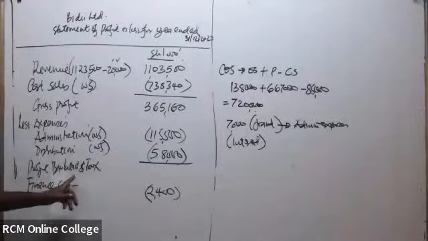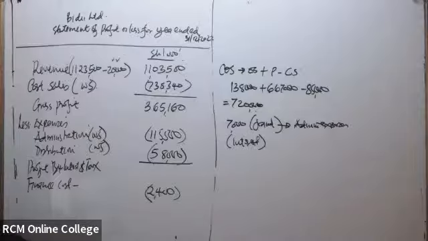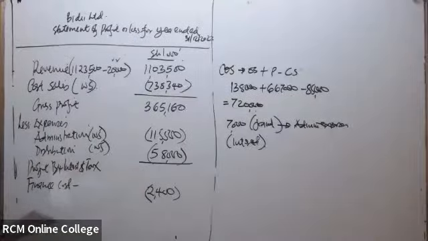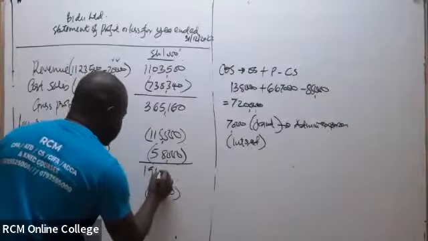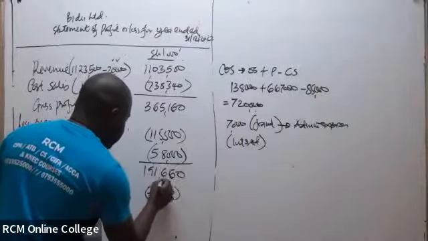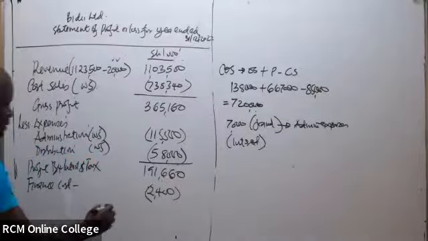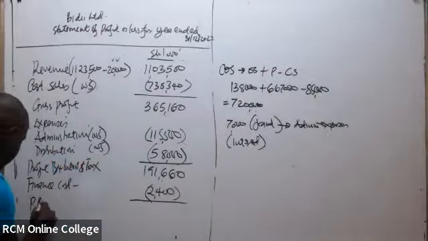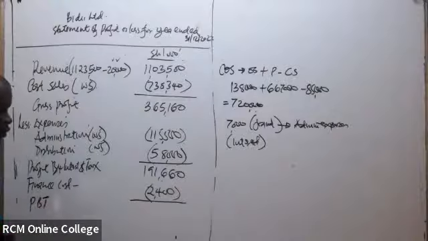The profit before interest and tax is 191,660. So now in this case, you can less the interest so that you can be able to get profits before tax, the PBT. So the PBT, I can see you're giving a figure there of 189,260.